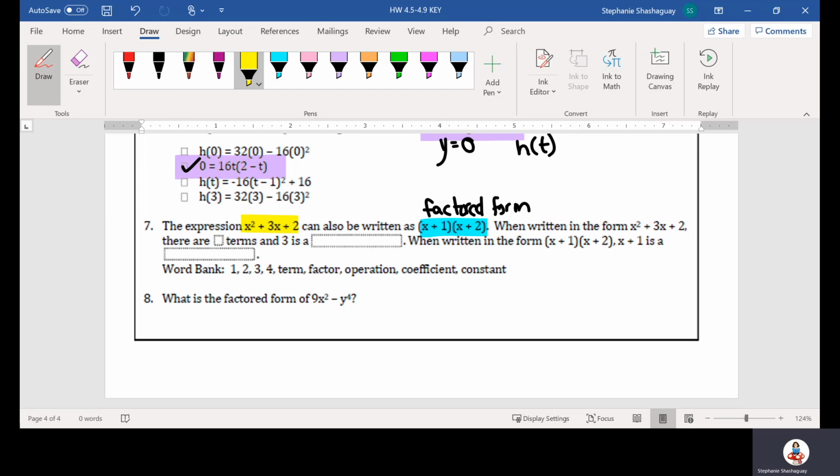And look, we have a word bank down here to choose from. Well, we have x squared, 3x, and 2. So there are 3 terms. And 3 is a blank. So what is this number 3 in this form? That's our coefficient.